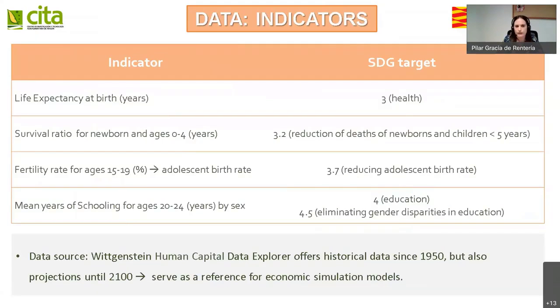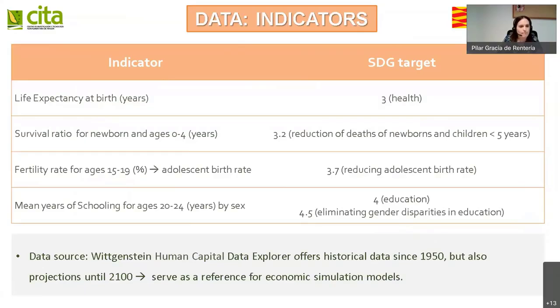So for the health indicators, we select first life expectancy at birth, which is a global measure of health conditions. Second, we select the survival ratio for newborns and also for children between 0 and 5 years in order to measure the target 3.2.